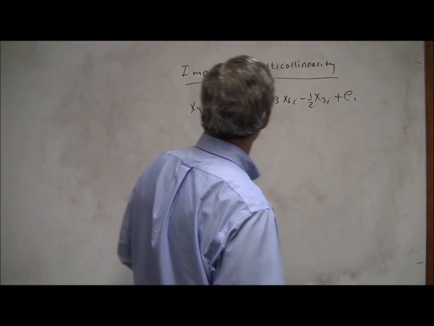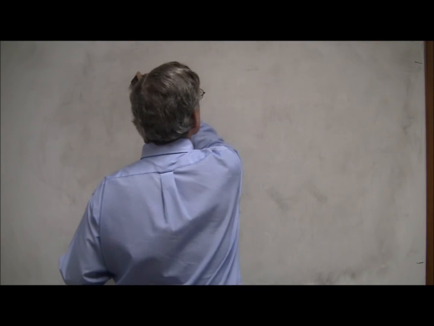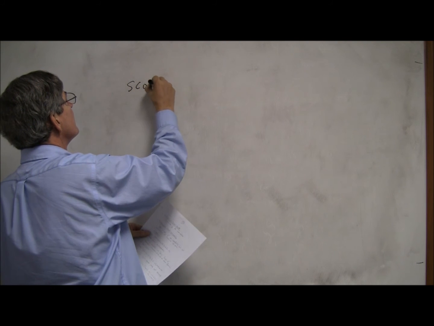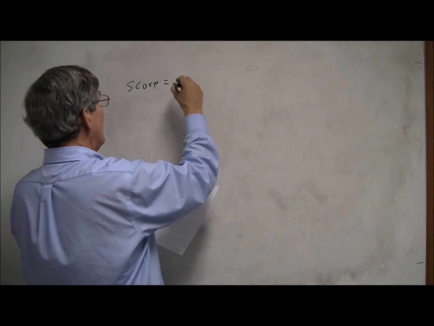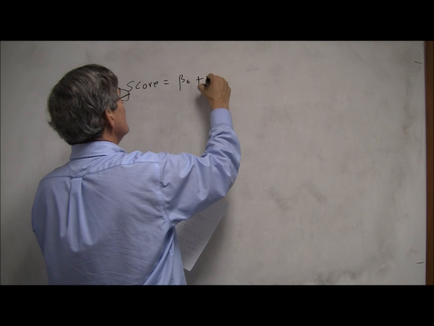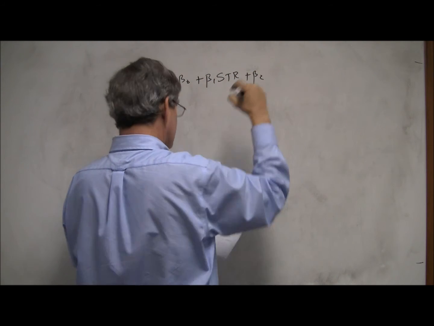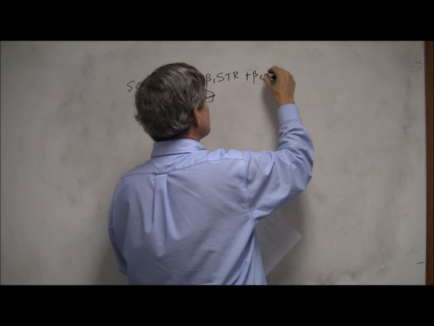So here's an example from the book. We have this model: score equals beta 0 plus beta 1 times the student-teacher ratio plus beta 2 times the percentage English learners plus u_i. I think I said this wrong last time.